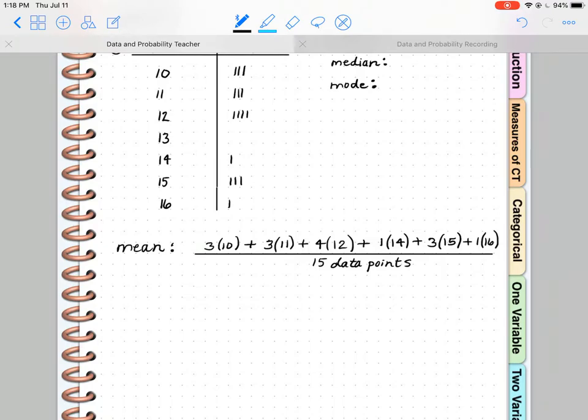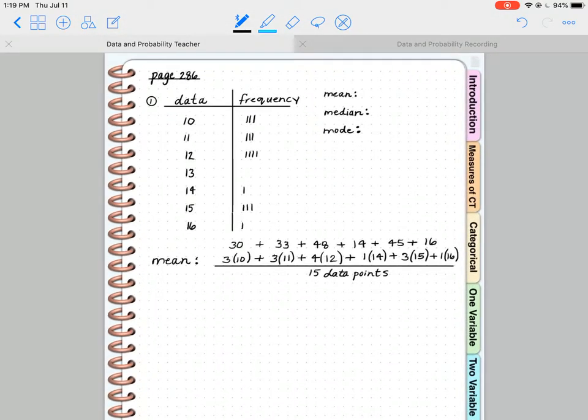So we need to make sure that we account for all of those. 3 10s are 30. 3 11s are 33. 4 12s are 48. 1 times 14. 3 times 15. And 1 times 16.